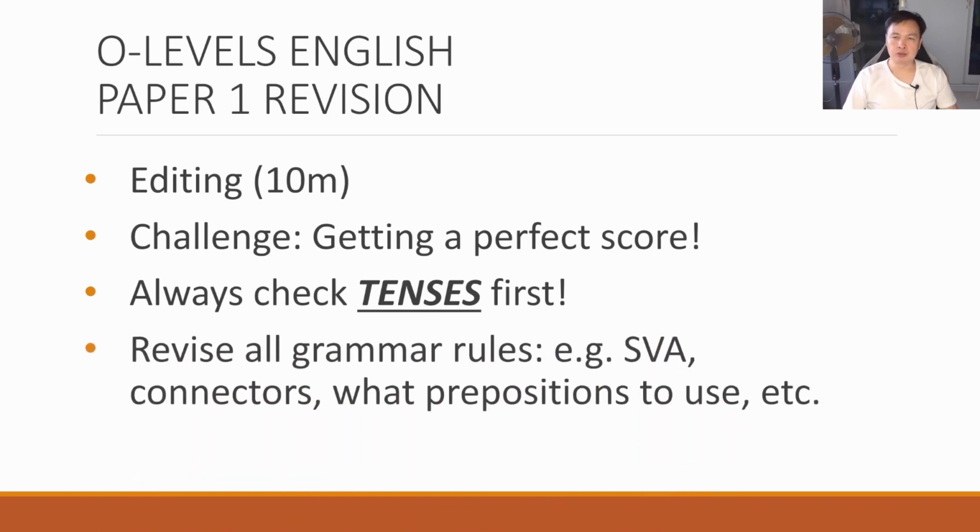I think for your revision, please go back and revise all the grammar rules. That's why if you have this challenge, right, you have this goal that you want to score a perfect score, it's kind of difficult unless you're strong in grammar, right? So if you find that you're not getting close to a perfect score, at least 7 or 8 out of 10, you're getting 5 upon 10, 6 upon 10, 4 upon 10, then that is a sign that your grammar foundation is not good enough.